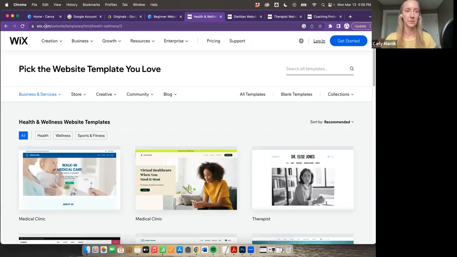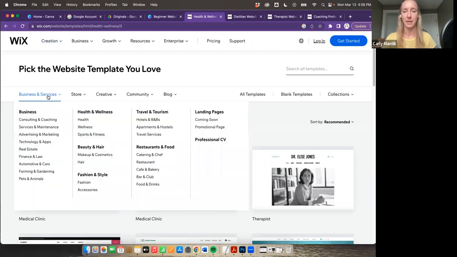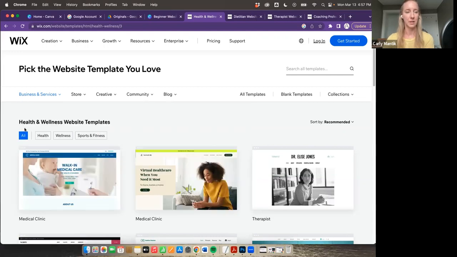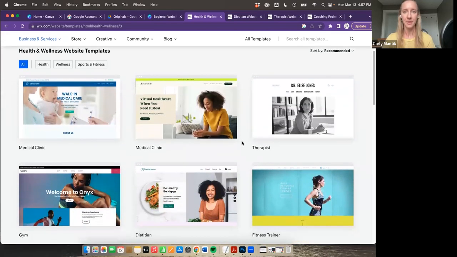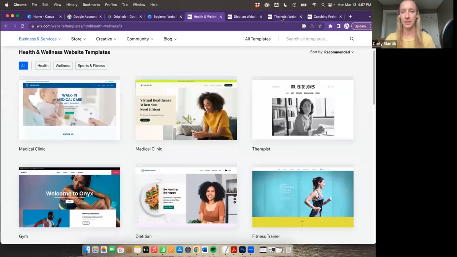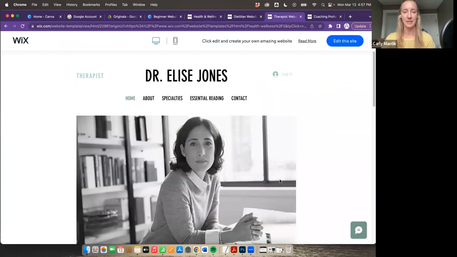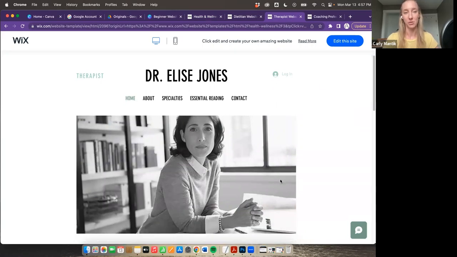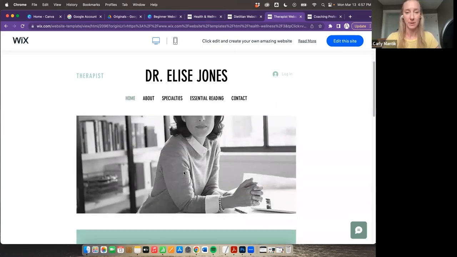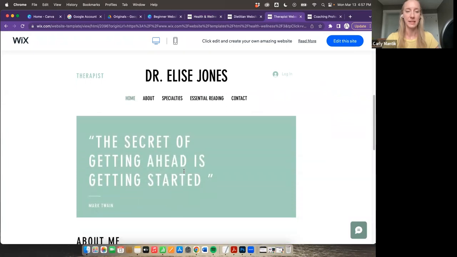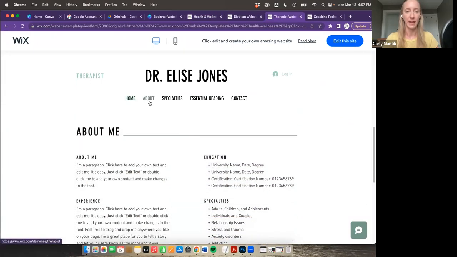So I just went to the Wix website and looked up templates, and then filtered the many templates by choosing health and wellness. So here we're looking at all health and wellness templates. And this one here, the therapist one, is a wonderful example of a very straightforward single page website with one image on it. So this example website is full of anchor links.